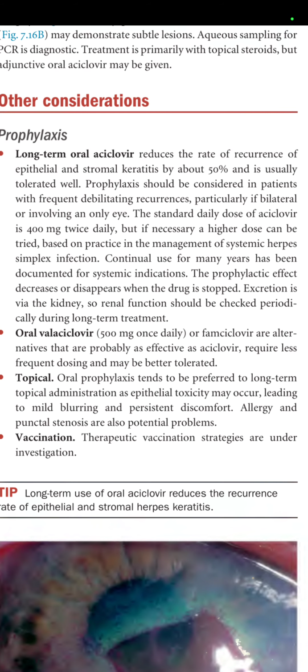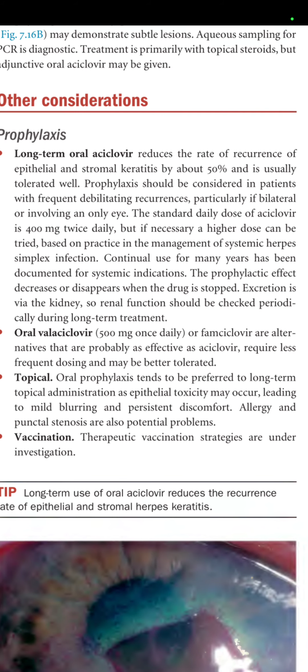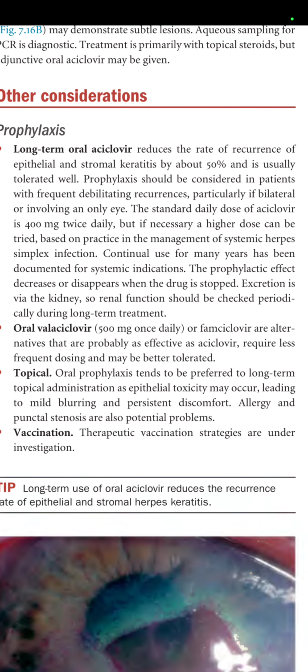The standard daily dose of acyclovir is 400 mg twice daily, but if necessary, a higher dose can be tried based on practice in the management of systemic herpes simplex infection. So basically, we give 400 mg BD. Just remember this. Continual use for many years has been documented for systemic indications. The prophylactic effect decreases or disappears when the drug is stopped.